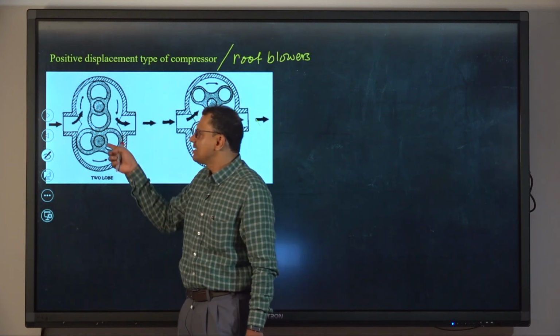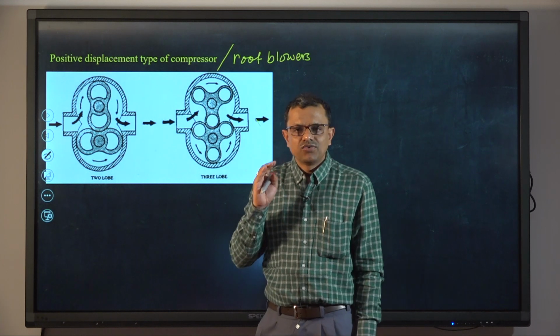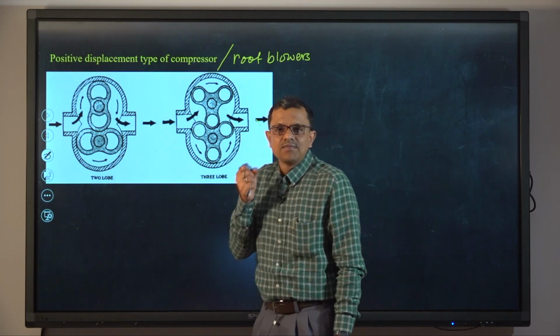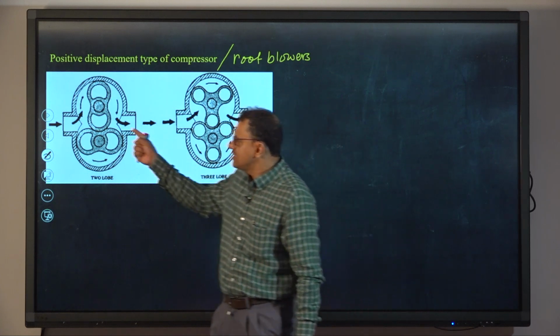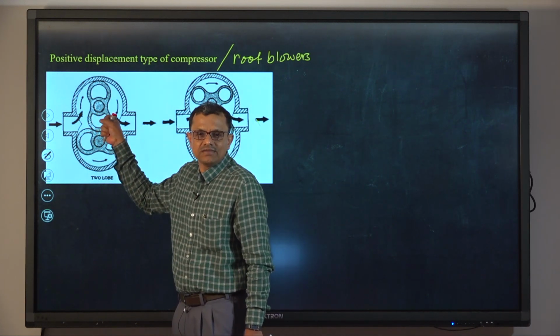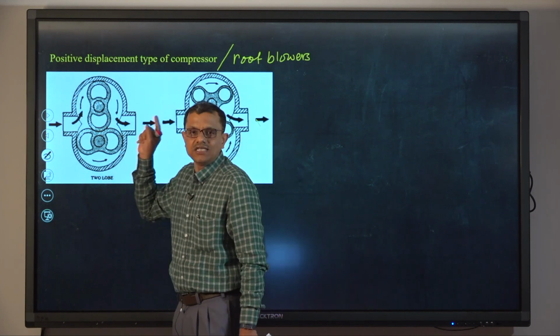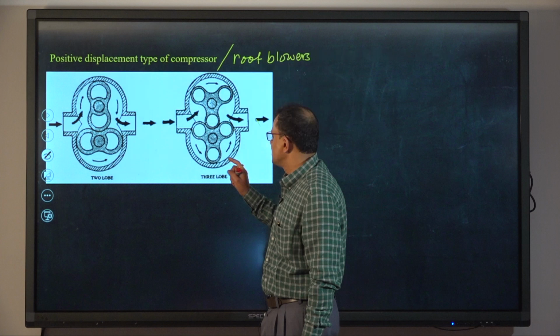Essentially, these are rotating devices, and we are trying to rotate this, taking some power from the engine shaft. So, that power is imparted to the oncoming stream, that is air stream, and receiving that power, air density or air pressure increases. So, this is 2 lobe roots blower, this is 3 lobe.